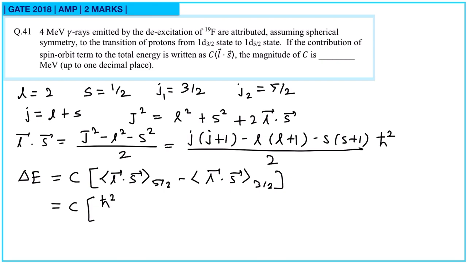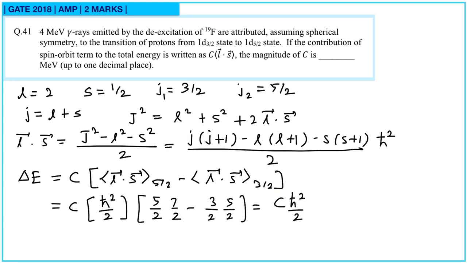So this h cut square by 2 is common, and then we have to consider J into J plus 1. So this will be 5 by 2 into 7 by 2 minus 3 by 2 into 5 by 2. So this will be C h cut square by 2, and this will be 35 by 4 minus 15 by 4.